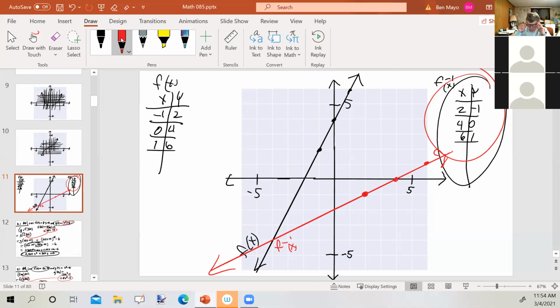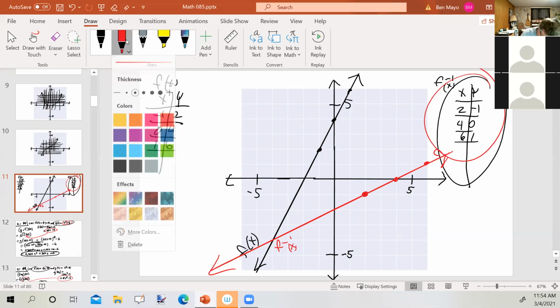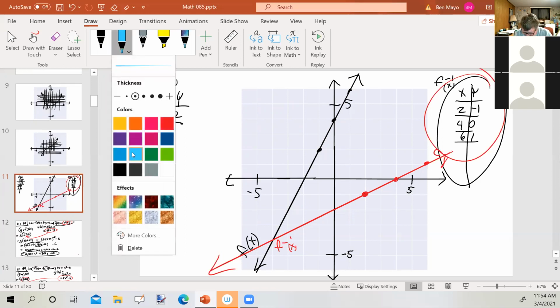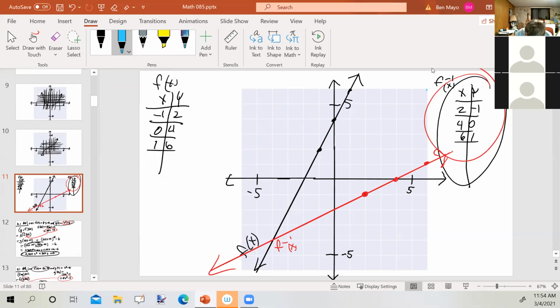Okay. Now, remember that each ordered pair for f of x, the x and y are switched to get f inverse of x. If we take the line y equals x and graph it, well, didn't quite make it, but almost.